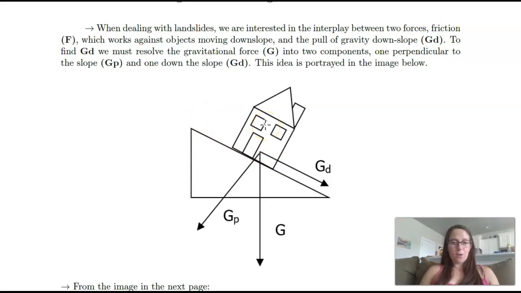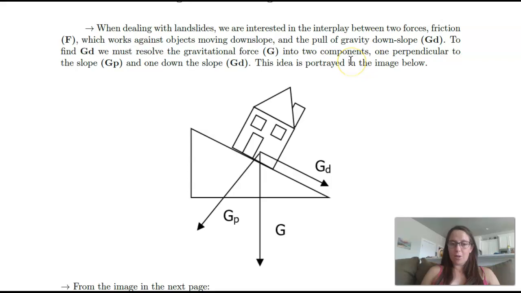Okay, so to find the gravity downslope, we must resolve the gravitational force, otherwise called just G, which, as you see, goes completely down. Like gravity, it goes towards the core of the Earth. And it's resolved into 2 different components.